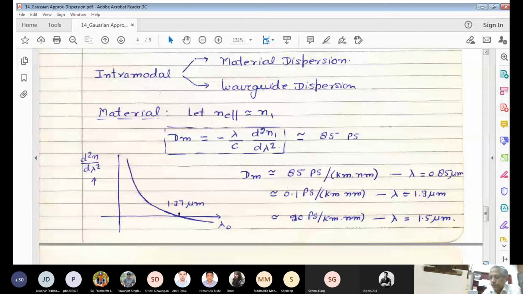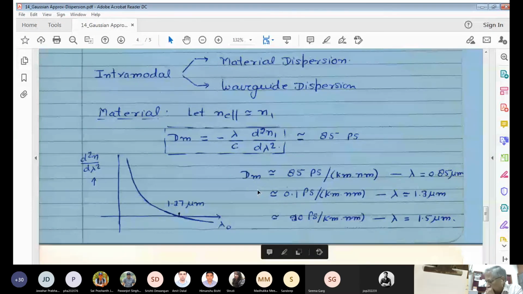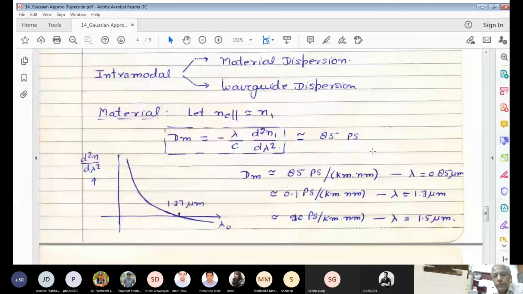For silica fiber, N1 is basically silica, and there are relations available, the Sellmeier relation or other empirical relations, which give the refractive index as a function of wavelength for silica. If you use them and find dm, that gives the value of the material dispersion contribution, which at 0.85 micron is roughly 85 picosecond per kilometer nanometer.